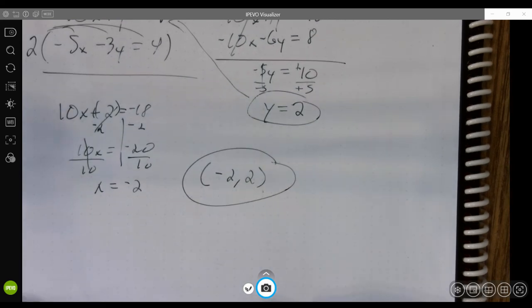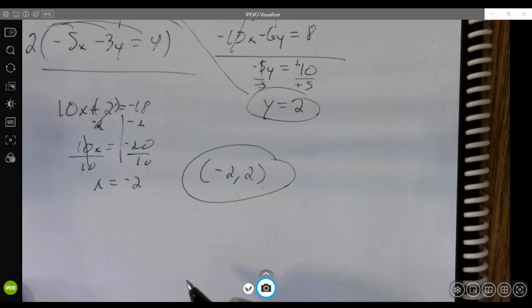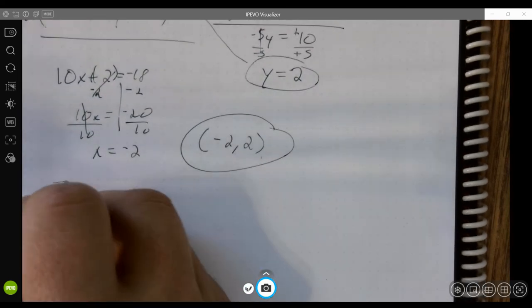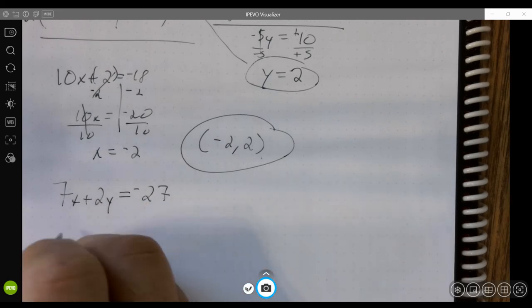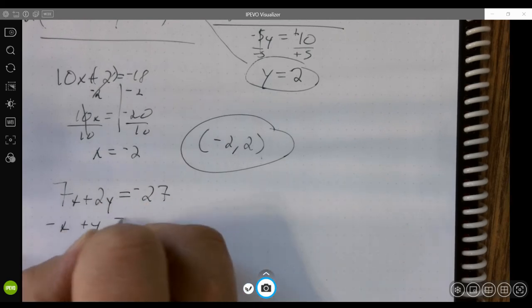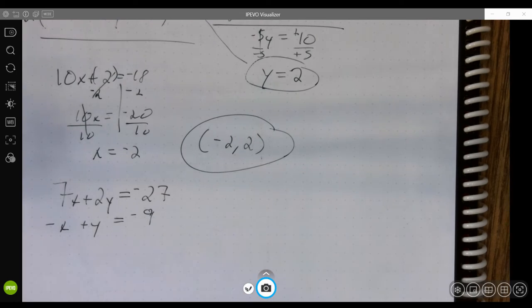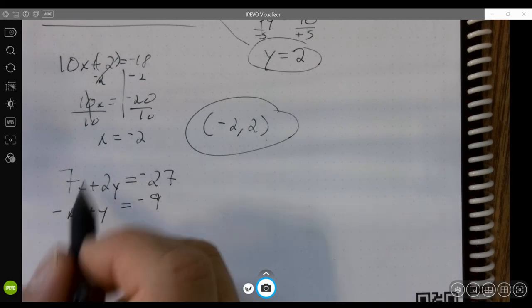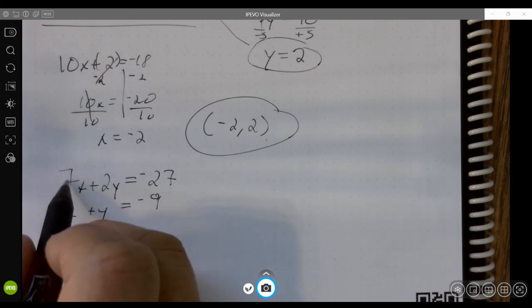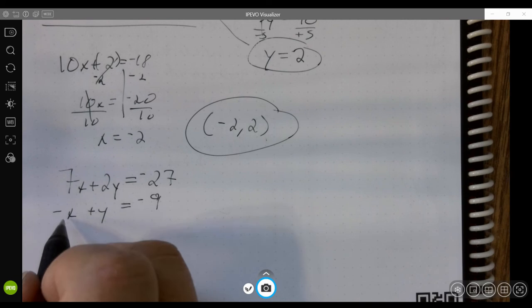One more quickly. Let's say we have 7x plus 2y equals negative 27, and negative x plus y equals negative 9. Okay? So I'm going to look at one that's already positive negative, which is the x's. It's not always the x's that I'll eliminate, but if I want to eliminate these, this one's 7, this one's 1.